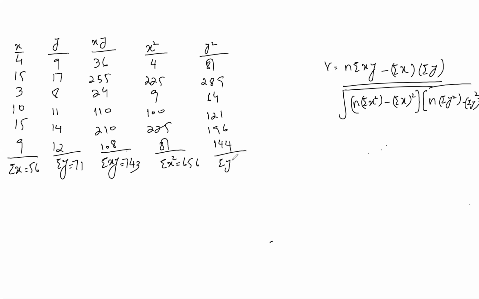So sum of y square is 895. I simply substitute all these values into this formula.